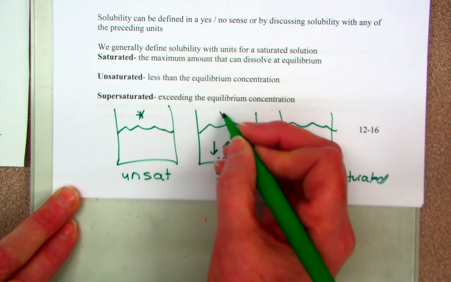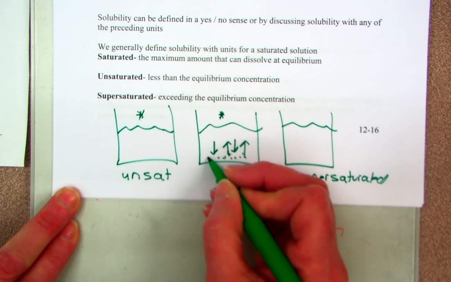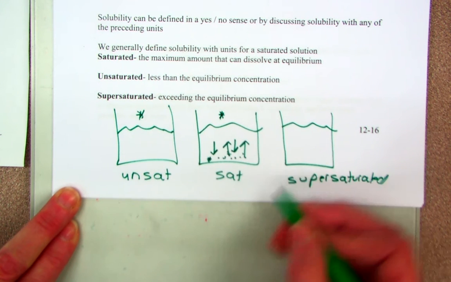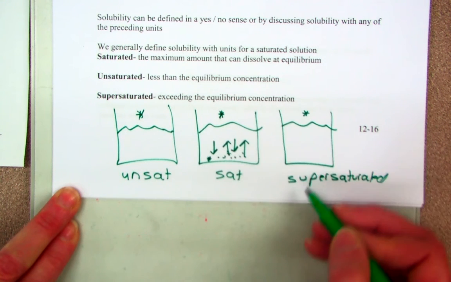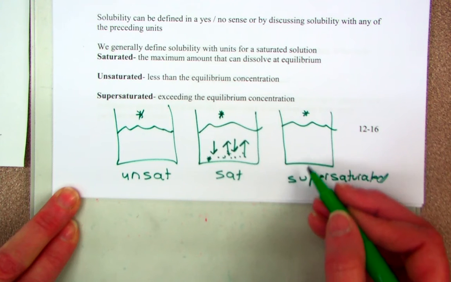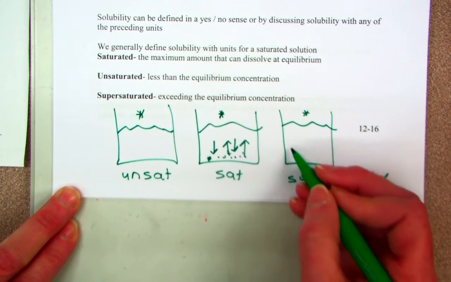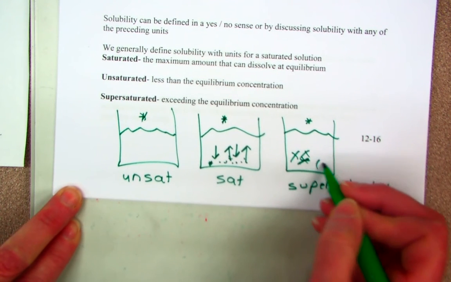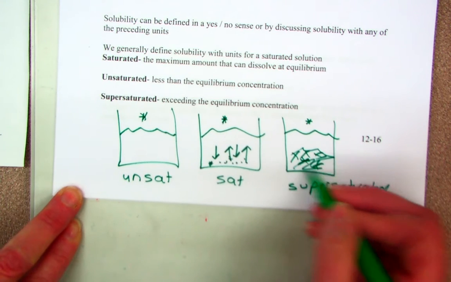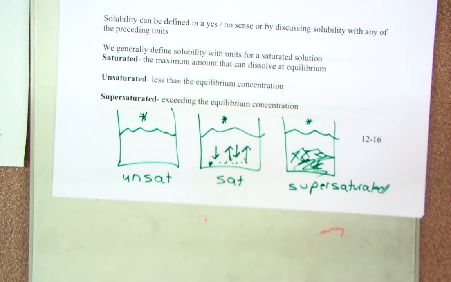Now the difference is if you add a crystal to an unsaturated solution, it will dissolve. If you add a crystal to a saturated solution, it'll go sit at the bottom. And if you add a crystal to a supersaturated solution, it'll provide a nucleation site, and everything in here now will just precipitate, and you'll just have a big blob of solute. Everything falls out. You will precipitate more than the excess.